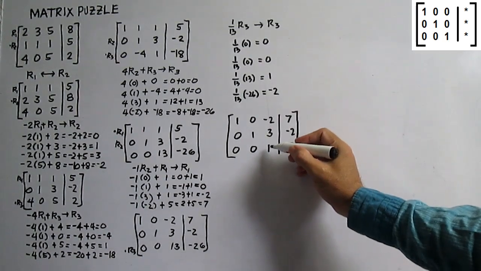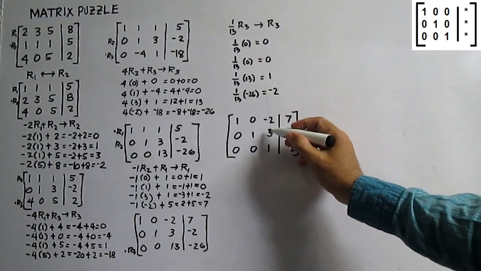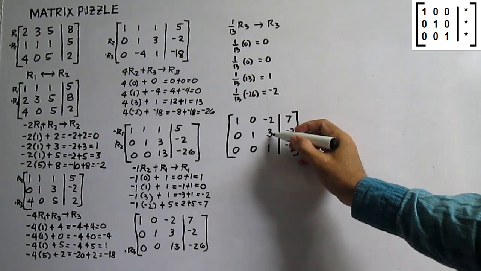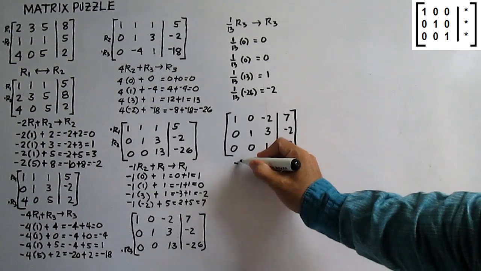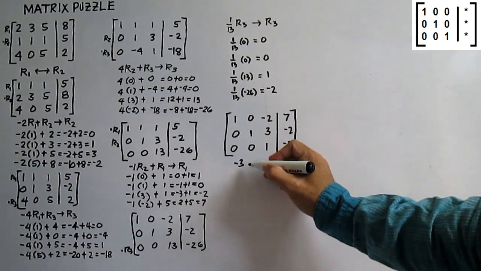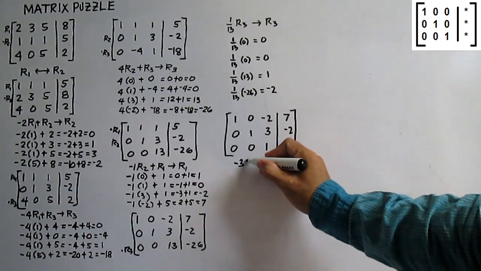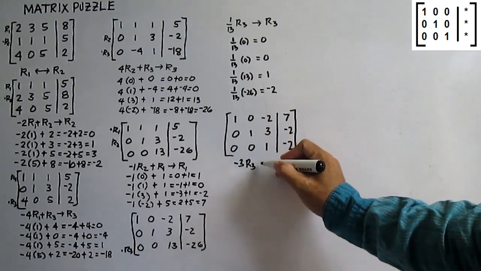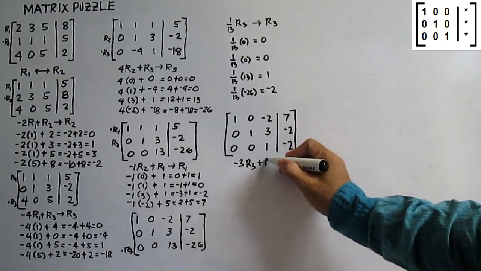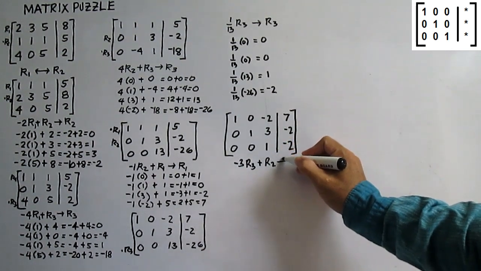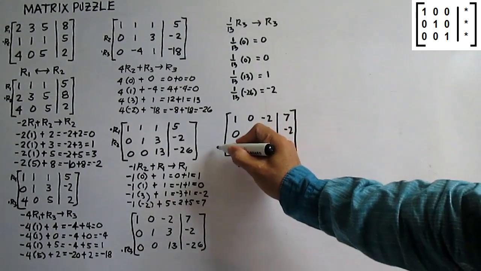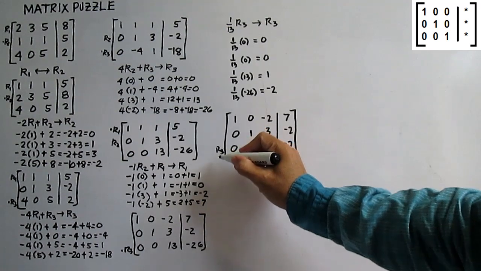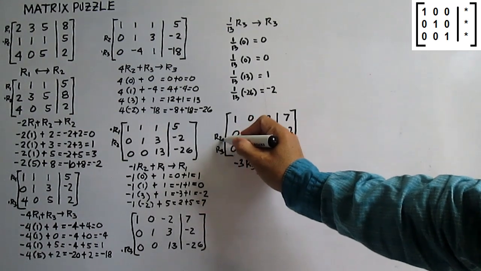Let's make row 2 column 3 equal to 0 by using row 3. The opposite of 3 is negative 3. So negative 3 times row 3 plus row 2 to replace row 2. This is our row 3 and row 2.